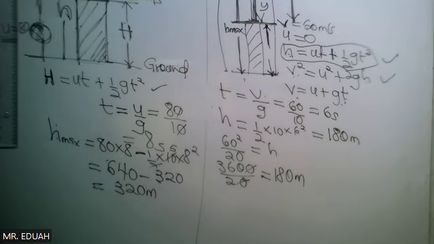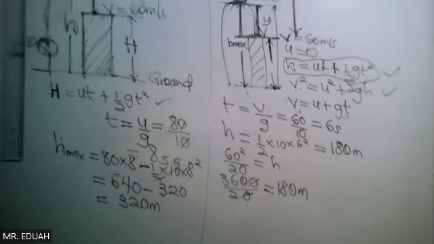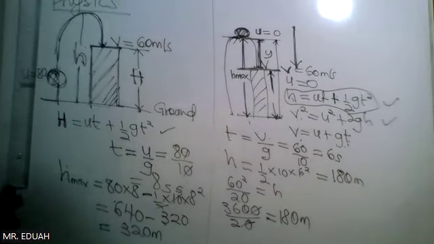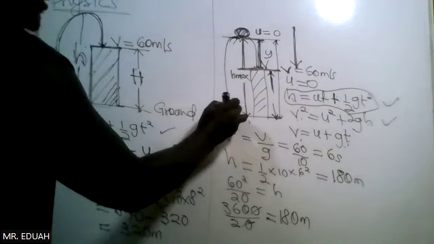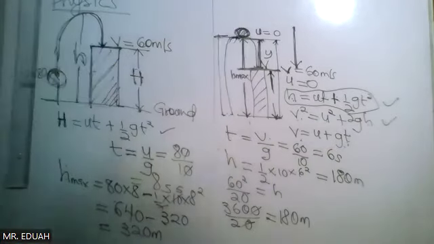Janice, how do we get the height of the building? Sir, please, 320 minus 180. So we had the maximum height, H max, to be 320. That's the height from the ground to where it reached.